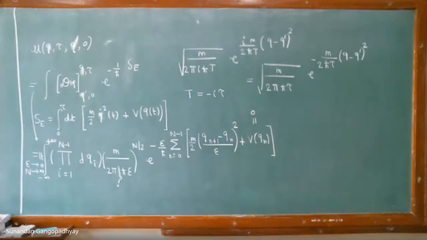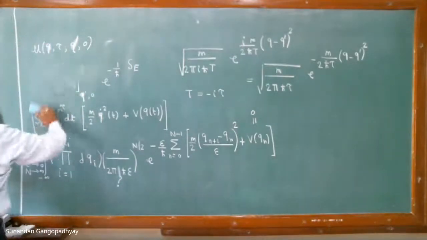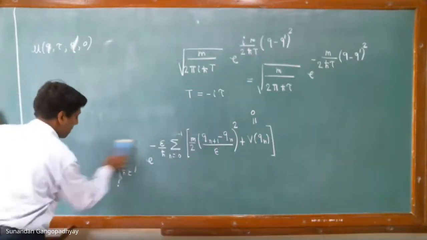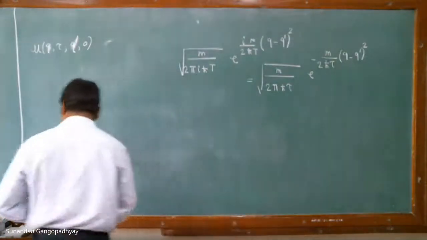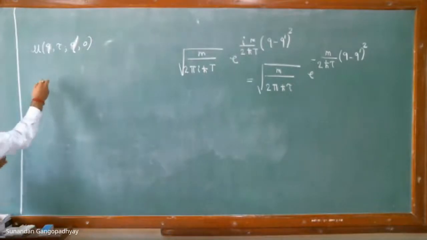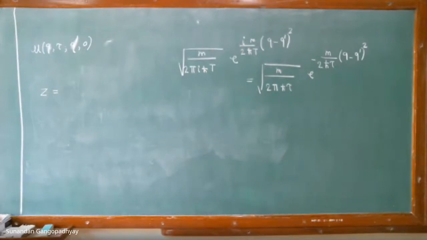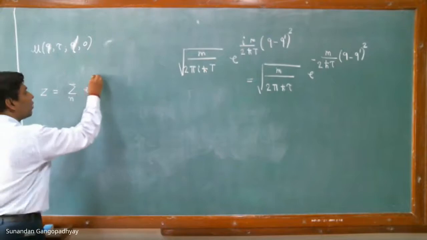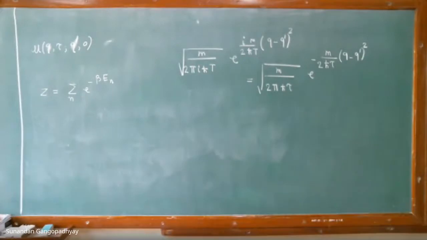So now what we shall do is look into statistical mechanics. In statistical mechanics, we know that the partition function is the most important quantity. You can write it down as summation over n of e to the power of minus beta E_n, where E_n is the energy of the nth eigenstate of the Hamiltonian H hat.